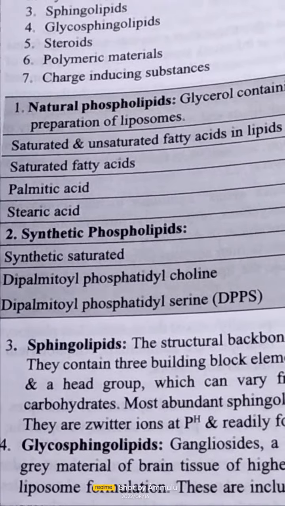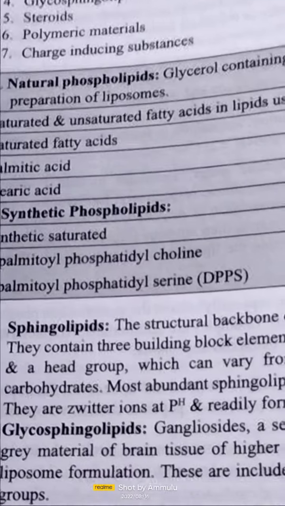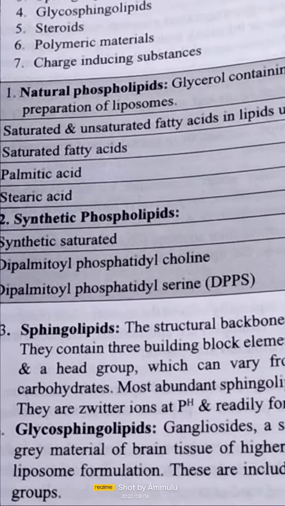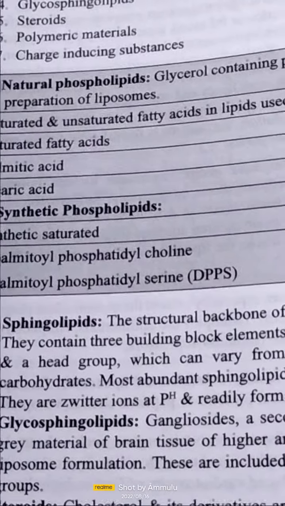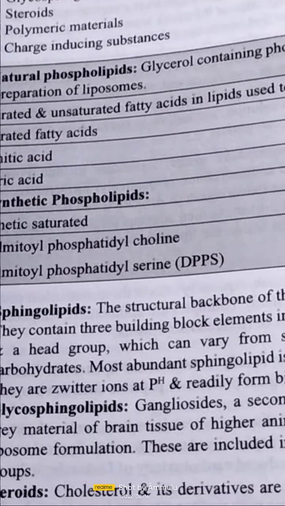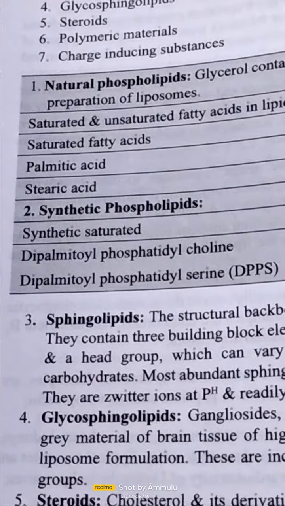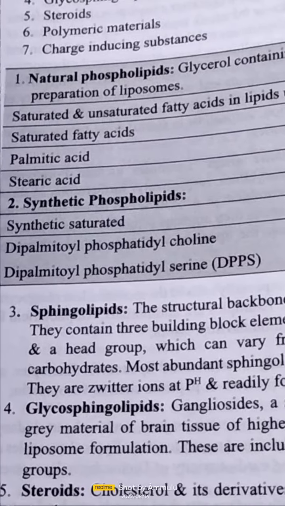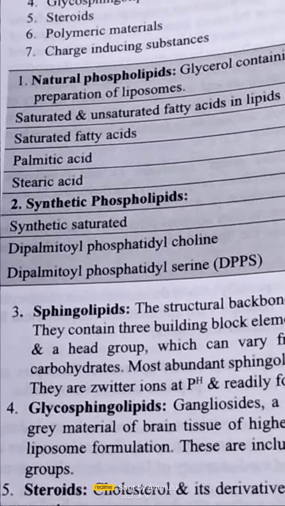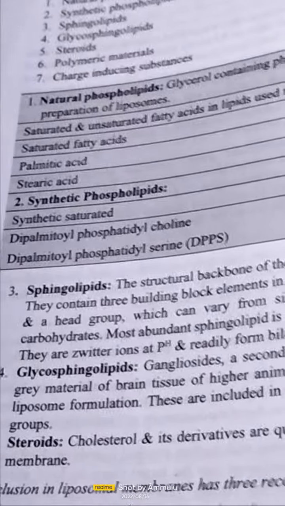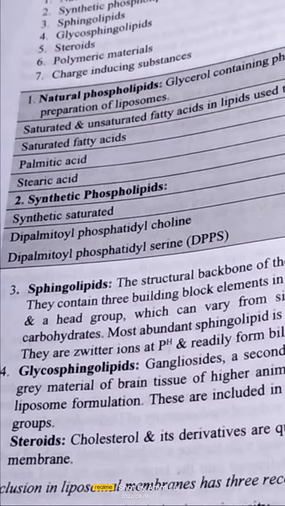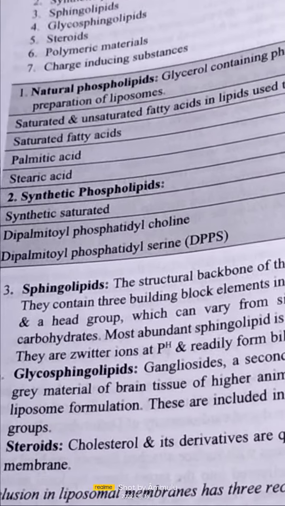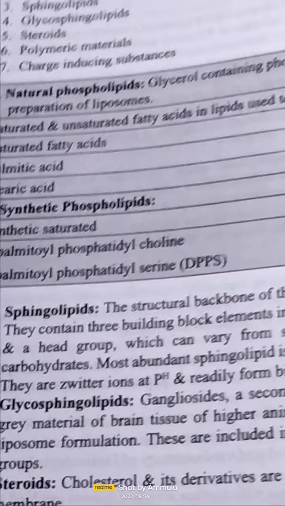In synthetic phospholipids, synthetic saturated and synthetic unsaturated phospholipids are there. That is dipalmitoyl phosphatidylcholine, one type of synthetic saturated phospholipid, and dipalmitoyl phosphatidylserine, which is also a synthetic phospholipid.